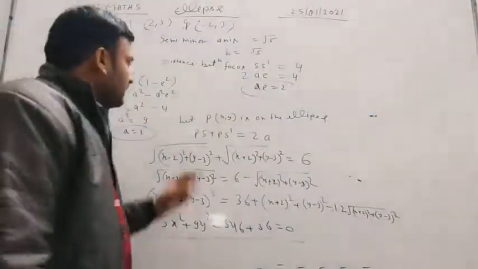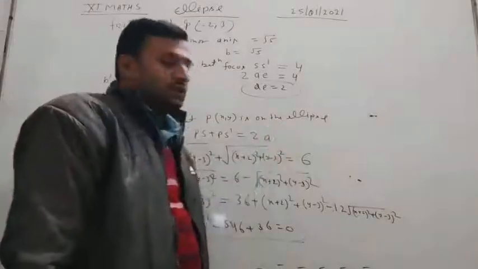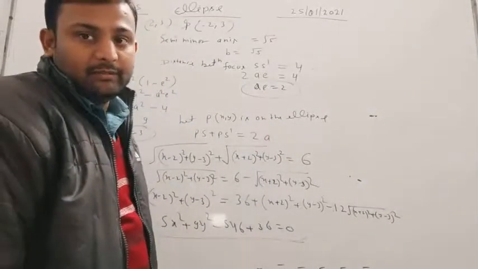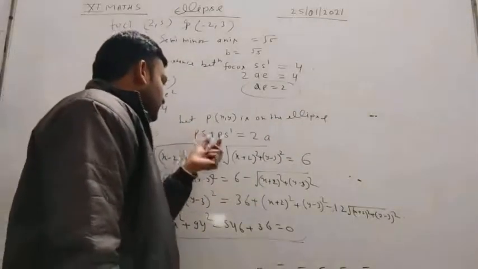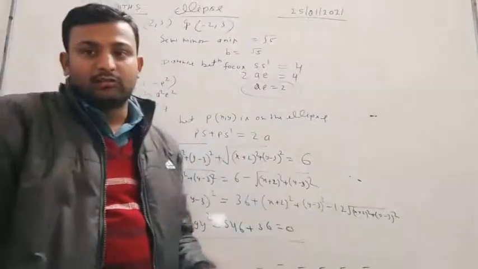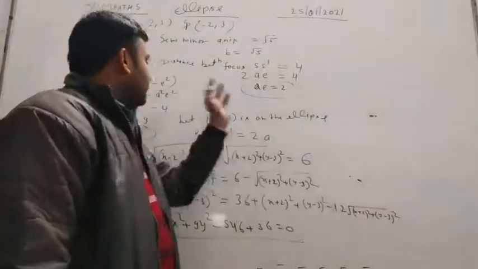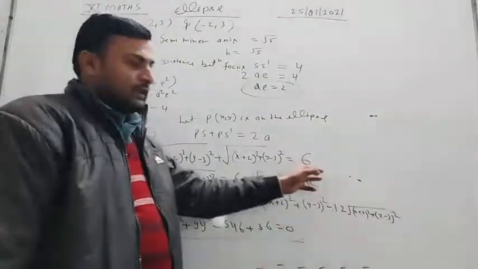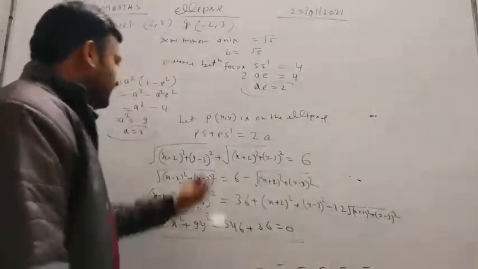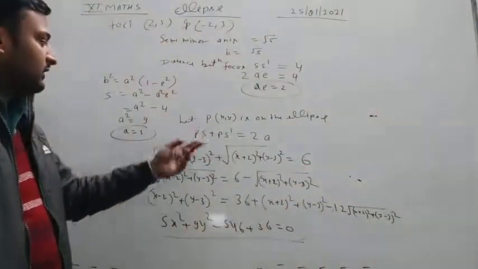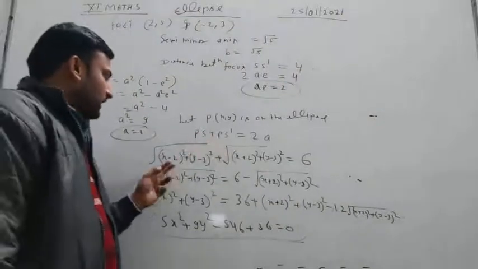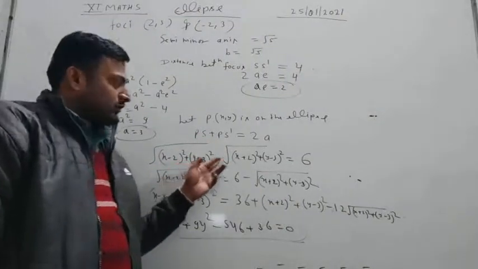Now let P(x, y) be a point on the ellipse. We know that PS plus PS dash is equal to 2A, and A is 3, so we get 6 on the right hand side. Here this is the distance between two points, so under root (x minus 2) whole square plus (y minus 3) whole square.